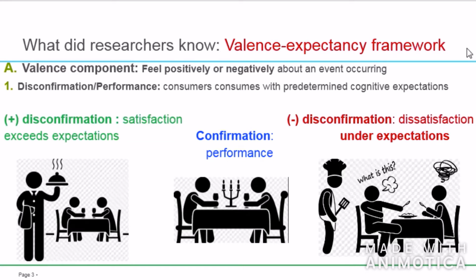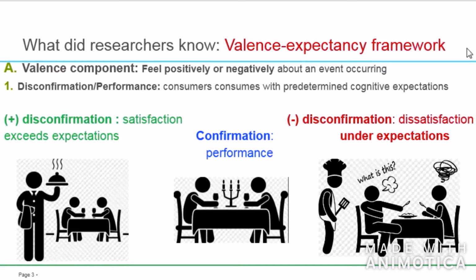Let's say you're going to a French restaurant and you never ate any French food. They give you some food, and whatever they give you, you find very good because you did not have a high expectation. In this case, you will experience a positive disconfirmation. Let's say the person is French and has eaten French food all his life, and then he arrives there, tries the food and finds it disgusting.